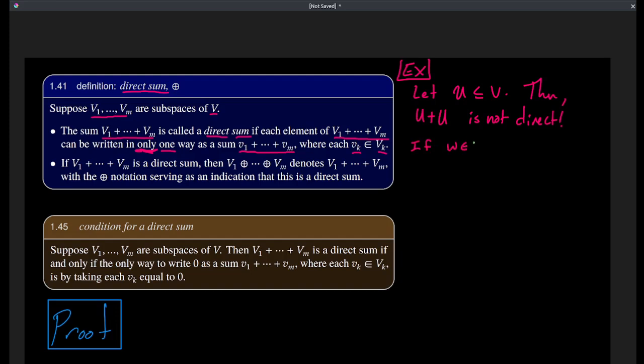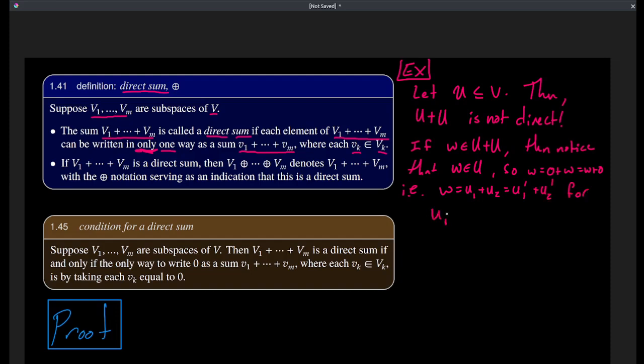If w is in U plus U, then notice that w is in U, so w equals 0 plus w, which equals w plus 0, i.e. w equals u1 plus u2, which is equal to u1 prime plus u2 prime for ui prime not equal to ui. That is, there is more than one way to write any element of U plus U.